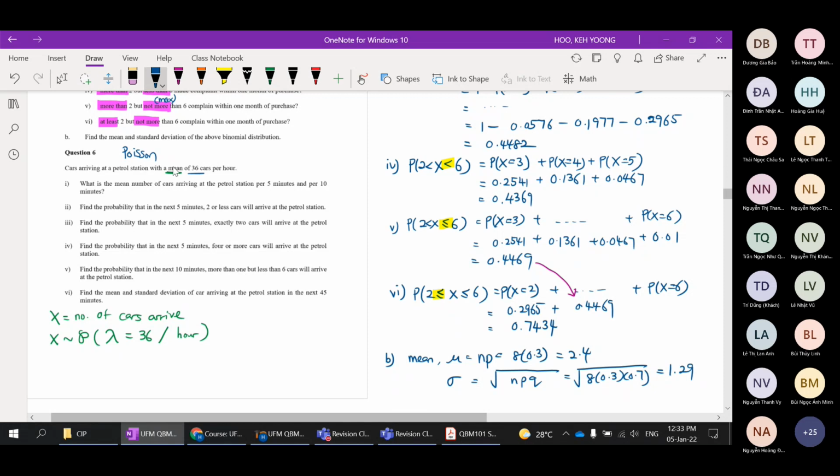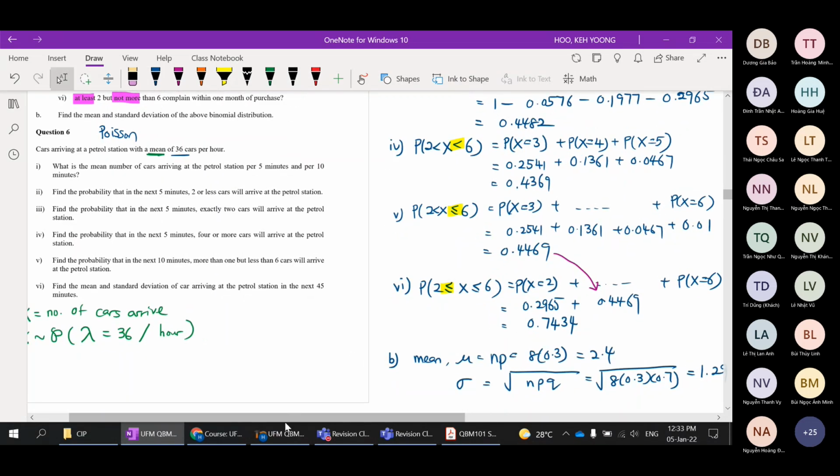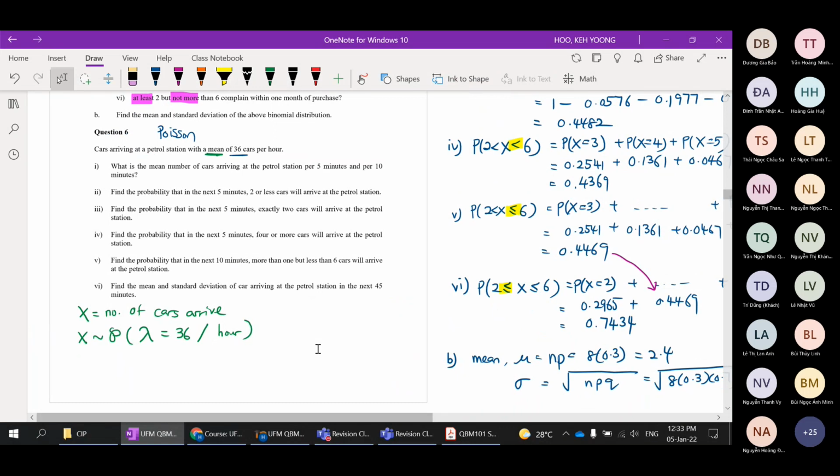What is the mean number of cars arriving at the petrol station per 5 minutes and per 10 minutes? We know that the average of 36 is for 1 hour. So how about for 5 minutes? How many cars are there? We have to do division. Where is the mean per 5 minutes? 1 hour 36 cars, 5 minutes, how many cars?